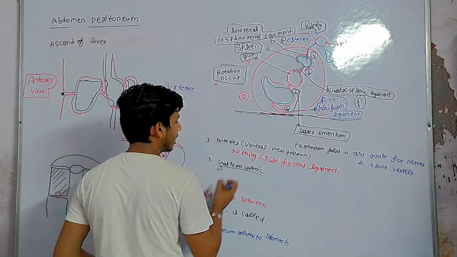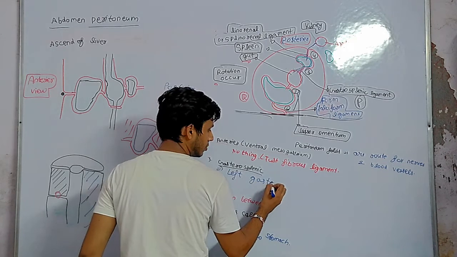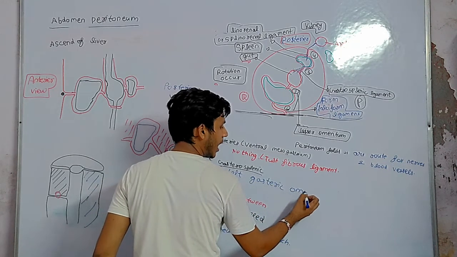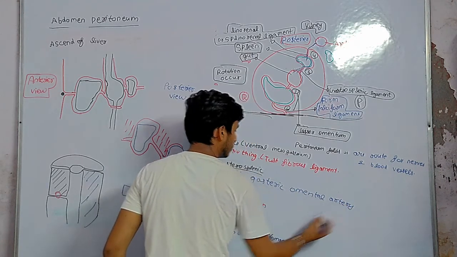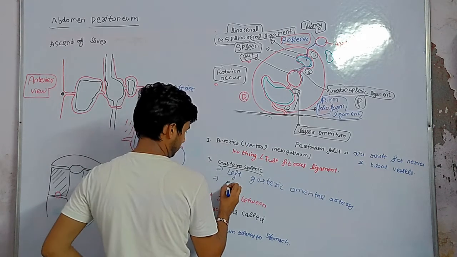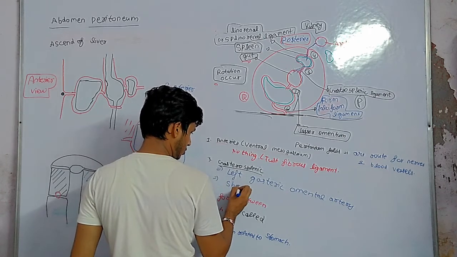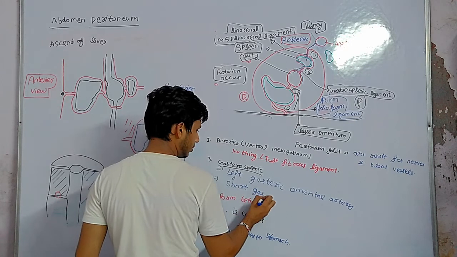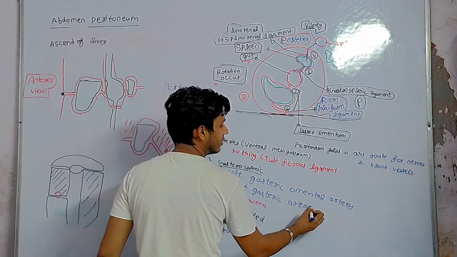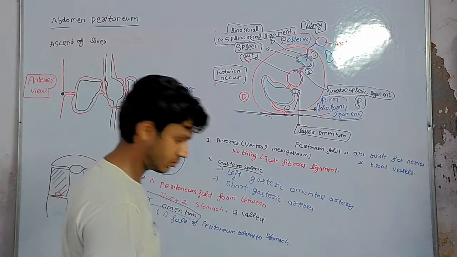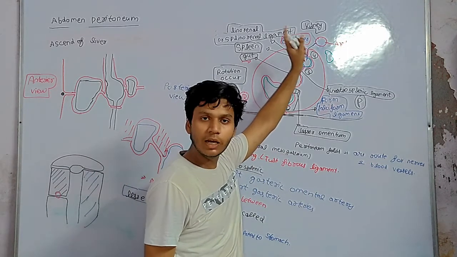So the content of the gastrosplenic ligament is the left gastric omental or epiploic artery and the short gastric arteries. Basically, these are branches of the splenic artery which come from the splenorenal ligament.